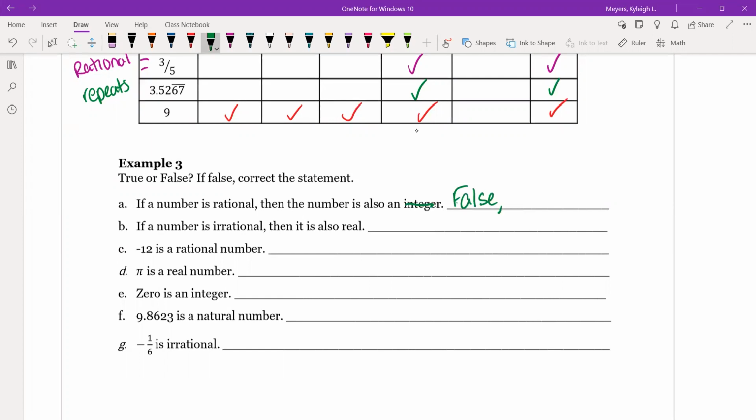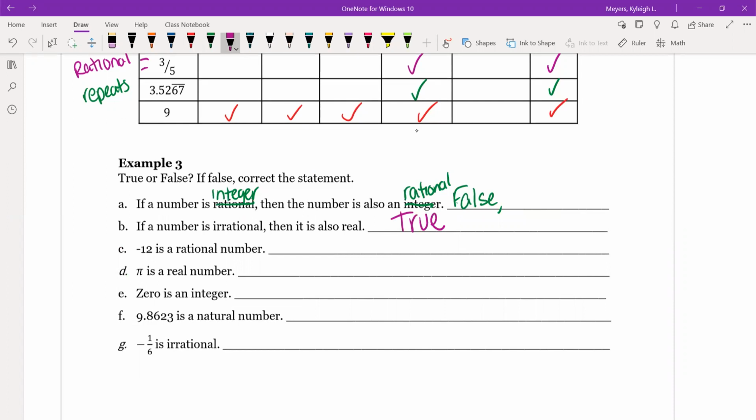If it was reversed, if a number is an integer, then it's rational, that would work. But not the other way around. If a number is irrational, then it's also real. What do we think? We're going with true. All numbers are real.